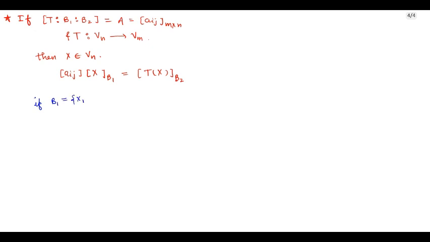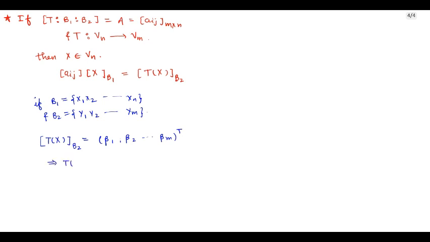If B1 is a basis with n elements and B2 has m elements, y1, y2 and so on ym, then T of x with respect to B2 is equal to some beta 1, beta 2 and so on beta m, transpose.